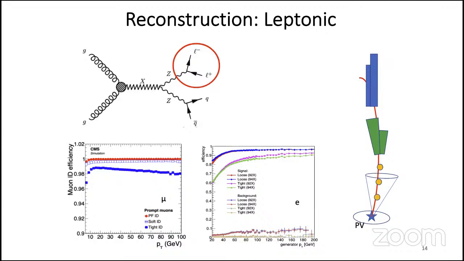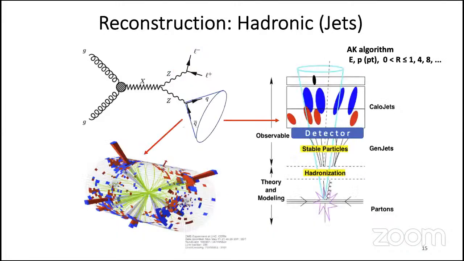In the case of muons and electrons, this part is easy, but the hadronic part is more difficult. It's a problem that has been addressed over the years, but not completely resolved yet.